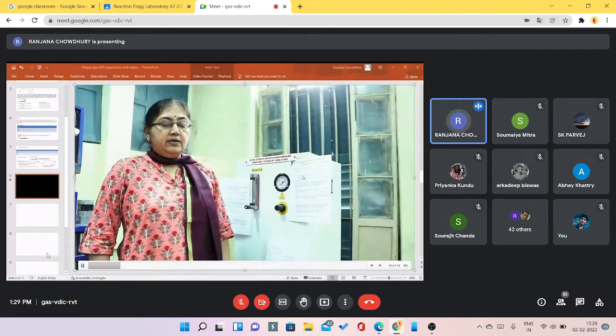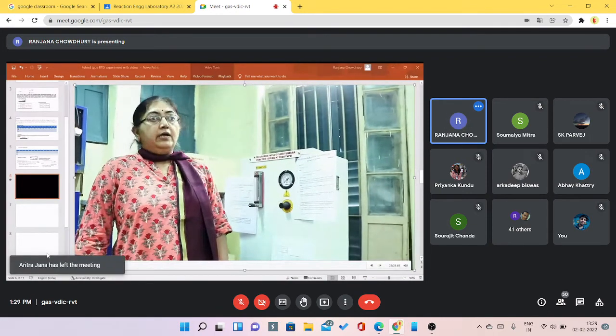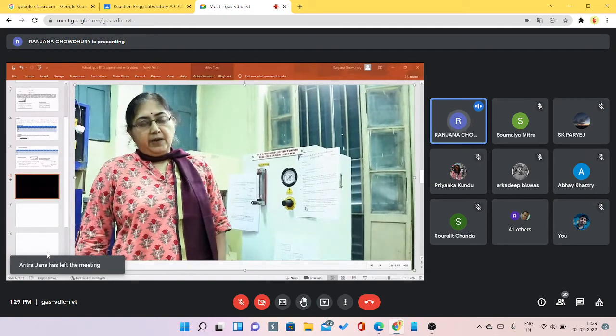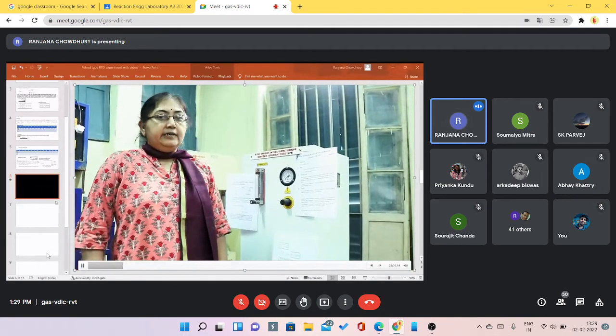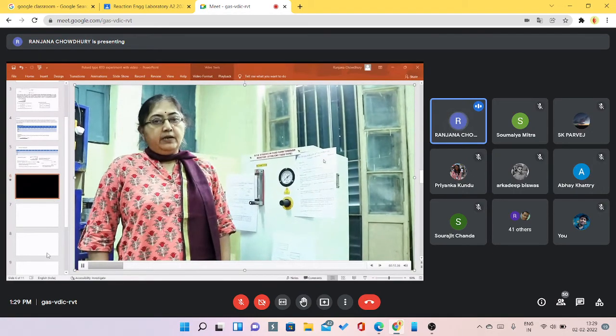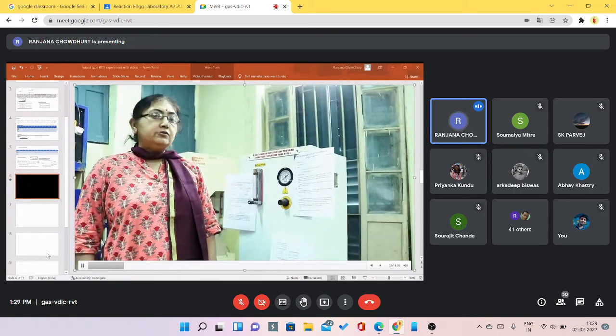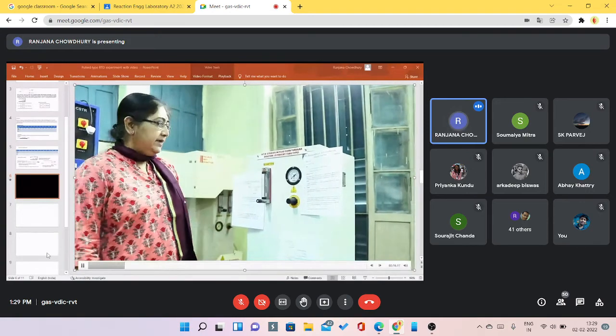That is also in the plug flow. In case of real plug flow reactors, there is some mixed component or dispersed component. Now, how to determine this? How to determine the residence time distribution?